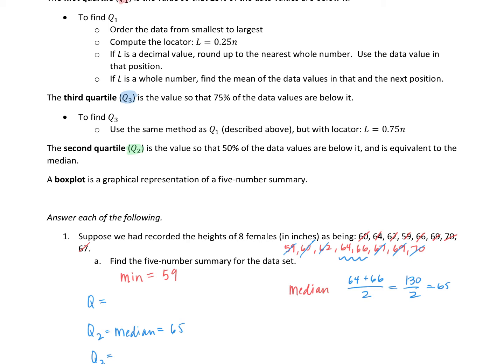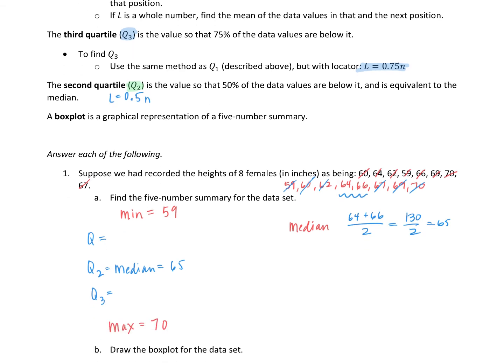So for the first quartile, since it's above 25% of the data, you can use your locator, which is L equals 0.25 N. N is the number of items you had in your set. For the quartile 3, Q3, since that value is going to be above 75% of the data, your locator is 0.75 times N. For the median, your locator would be 0.5 times N, because your median has 50% of the data values below it.